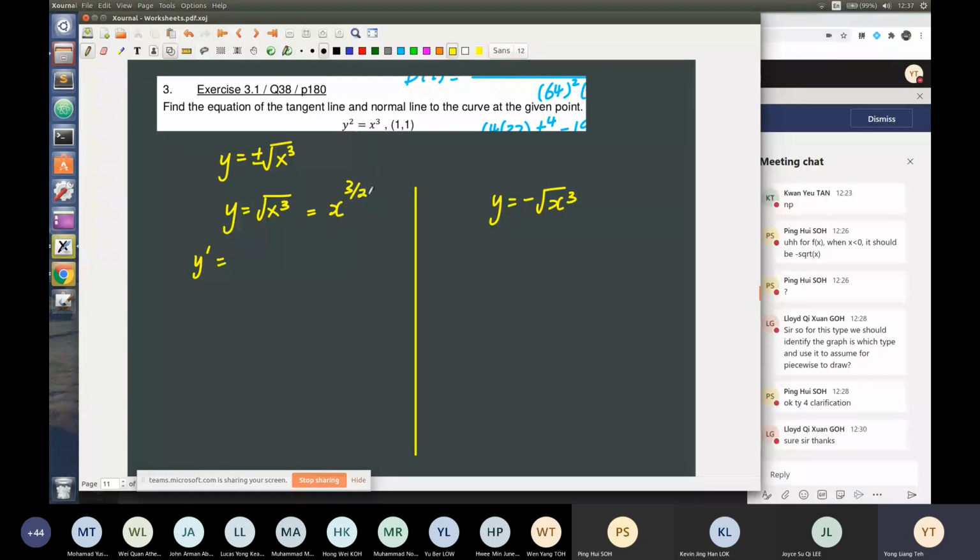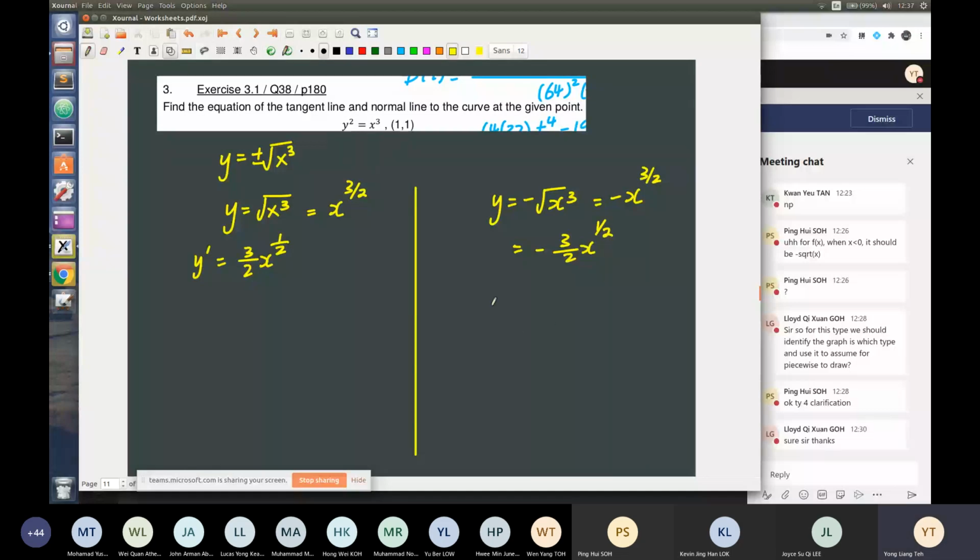So 3 times half, you get 3 over 2. Similarly, this one will be minus x to the 3 over 2. Differentiating this, we have 3 over 2 x to the power of 3 over 2 minus 1, which is half. The minus just stays on one side, so minus 3 over 2 x to the power of half.